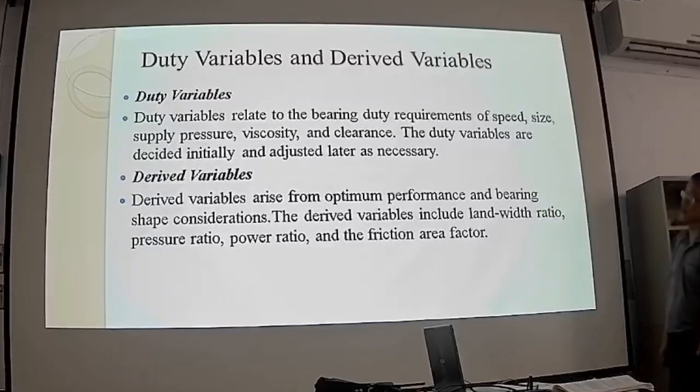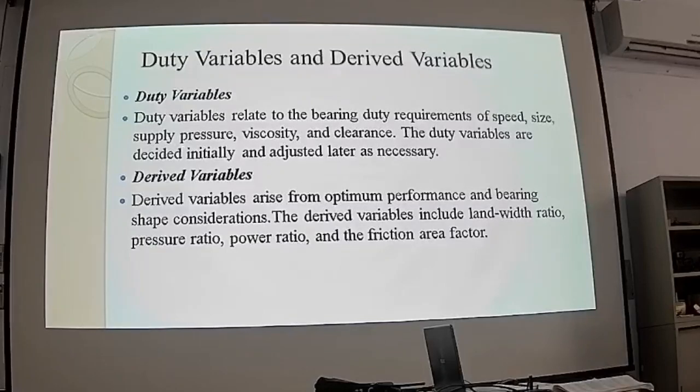What is the duty variable? Duty variable is related to the various duty requirements, such as the speed, size, supply pressure, viscosity, and clearance. So this kind of design parameter or design variable is called duty variable.